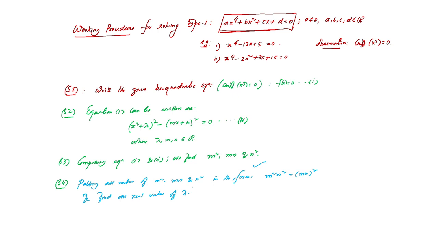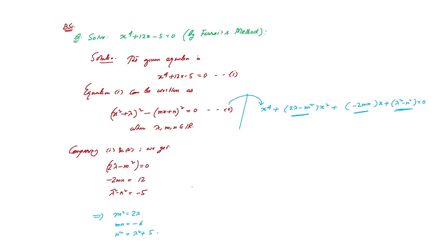Lambda is basically a real number. That we will do now. This is step 4. So here m square equals 2 lambda, mn equals minus 6 and n square equals lambda square plus 5.